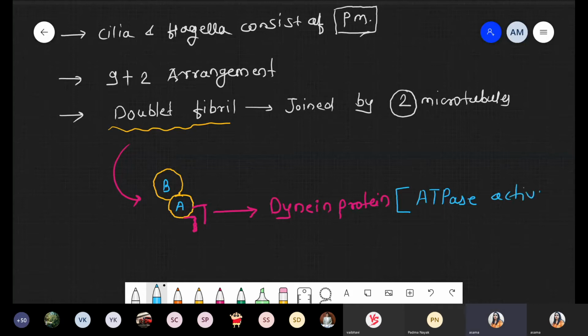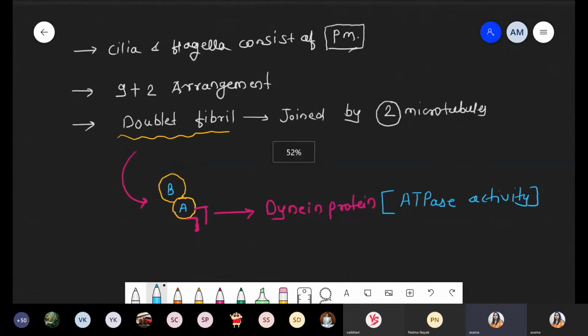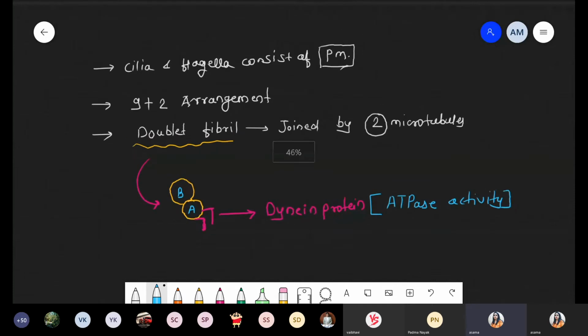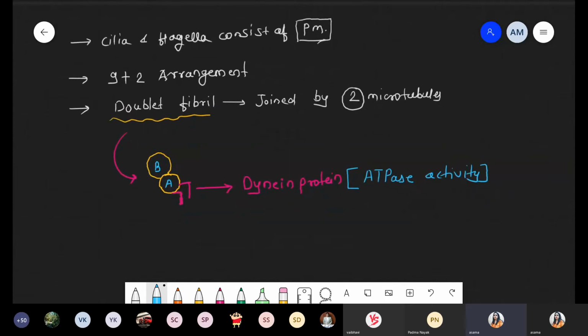What is the meaning of ATPase activity? It means they utilize ATP for movement. ATP undergoes lysis and is converted into ADP plus inorganic phosphate, and for that degradation the ATPase enzyme is involved.